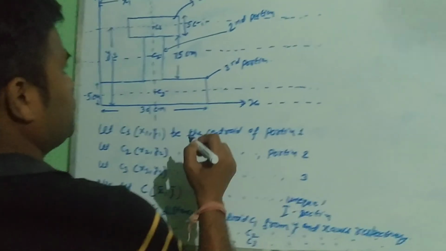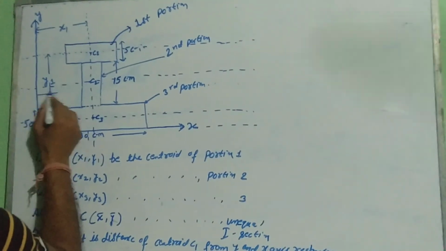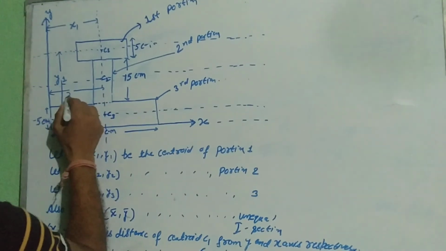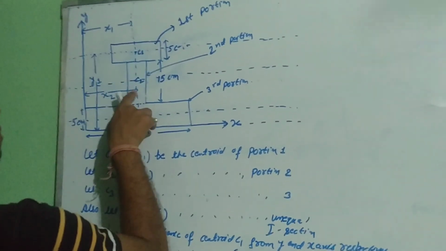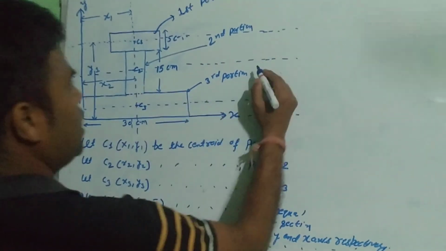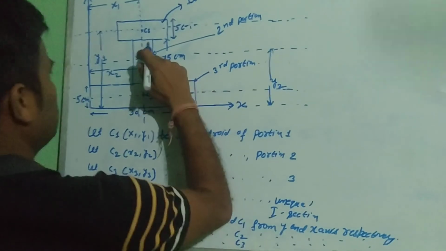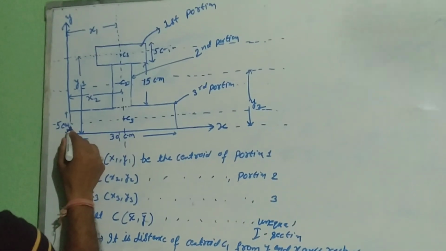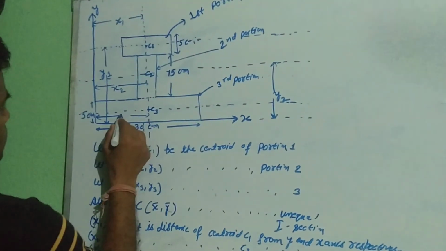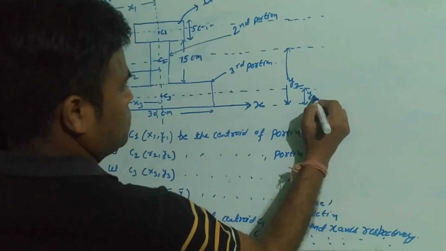For C2, x2 will be the length from the y axis to centroid C2, and the height is y2 from the bottom. Similarly, this is x3 and this is y3.